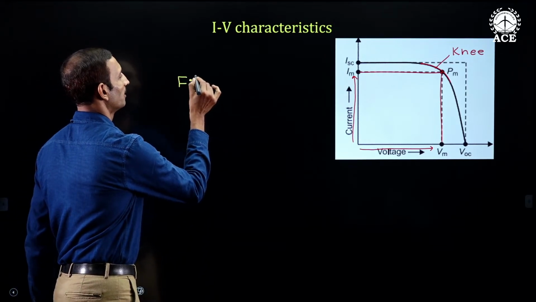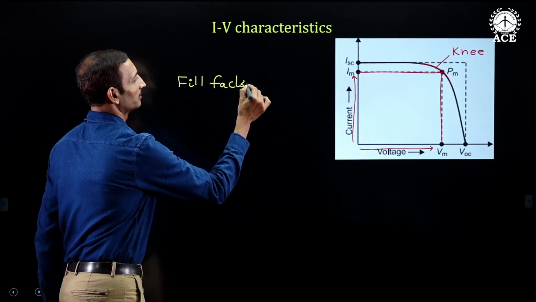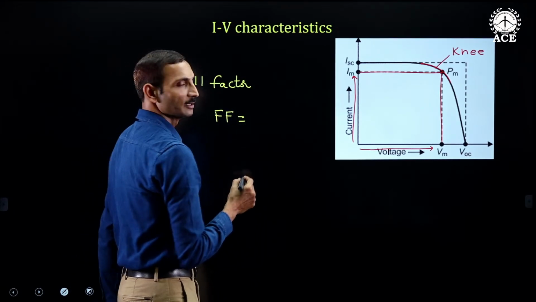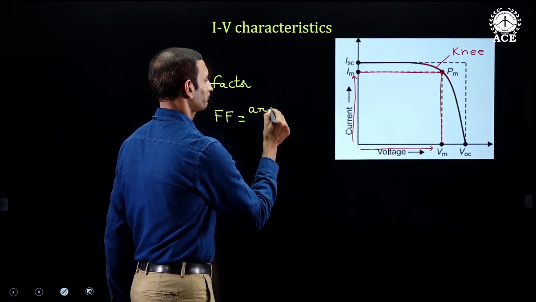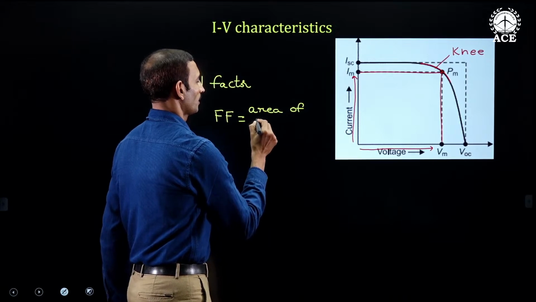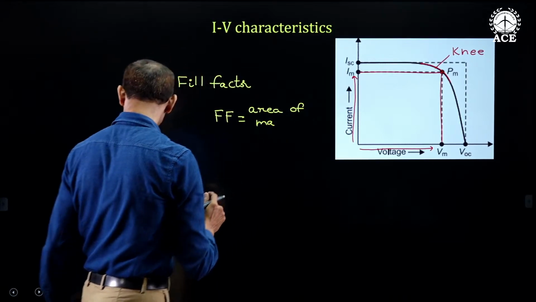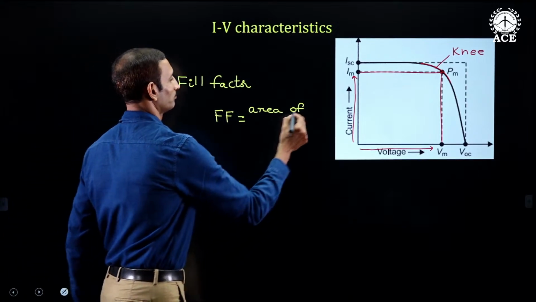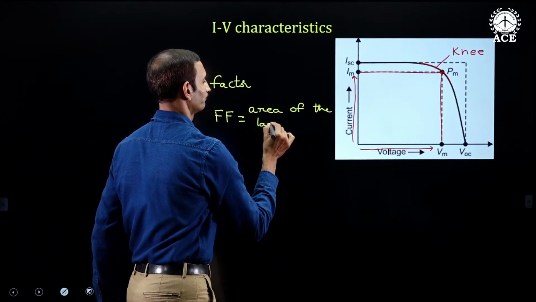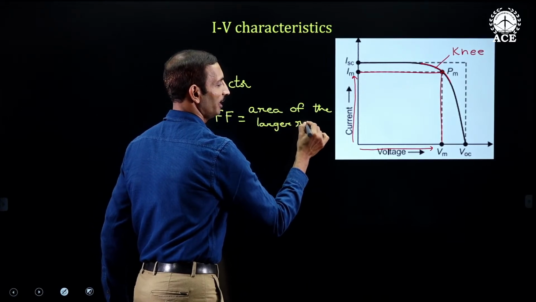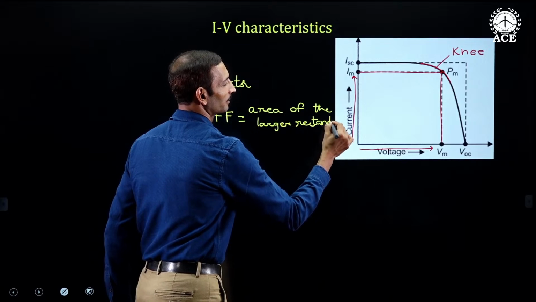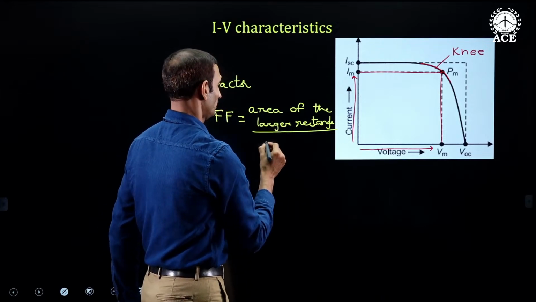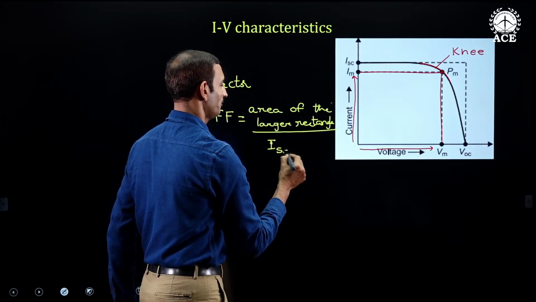Fill factor, which I would write as FF, is defined as the area of the maximum or larger rectangle within the curve, divided by the product of ISC and VOC.